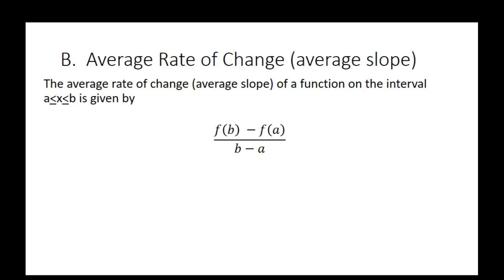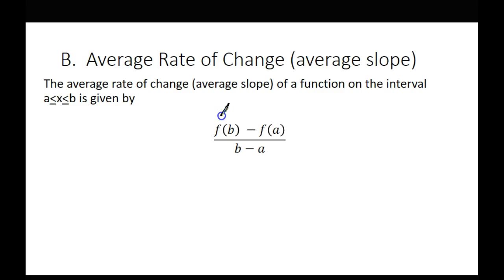This formula probably doesn't look familiar, but I'll try to make it look a little bit more familiar. It's just y2 minus y1 over x2 minus x1, but written in function notation. If you have a function, the average rate of change of that function, also known as the average slope, on the interval from a to b, and that's important because it depends on what interval you pick.